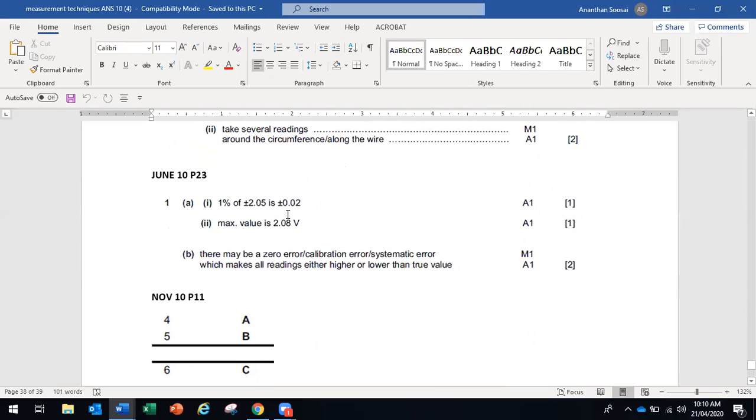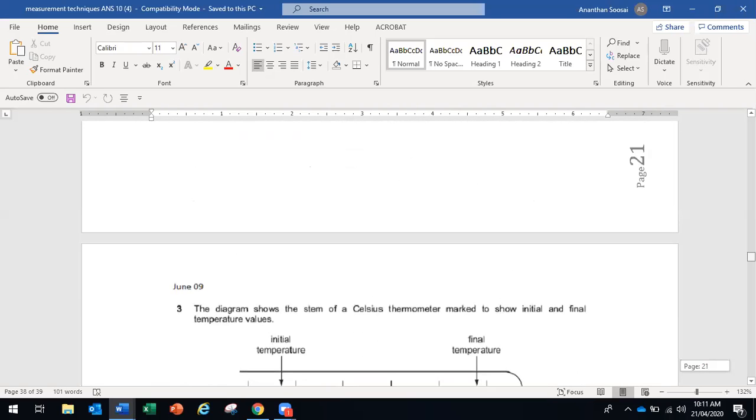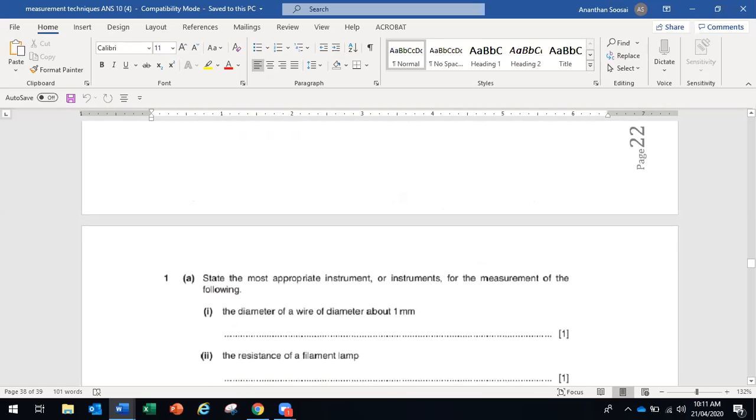Yeah, the maximum value is 2.08. Understand why they got 2.08?